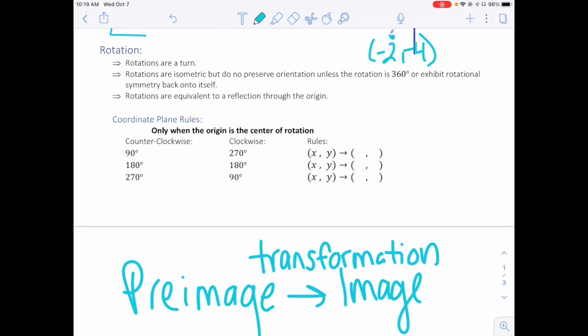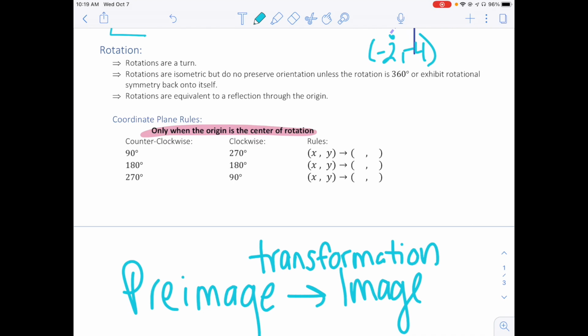Okay, so for rotations, rotations are our turns. Rotations are isometric, which means they preserve the size and shape. So when we rotate something, the size and the shape does not change. In terms of the coordinate plane, we're only going to look at rotations around the origin. In class, we'll look at some drawings where you can rotate around different points.